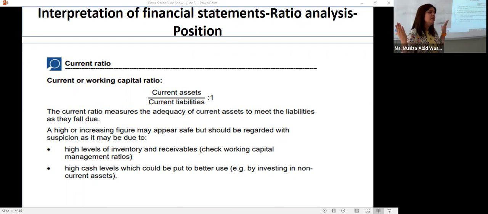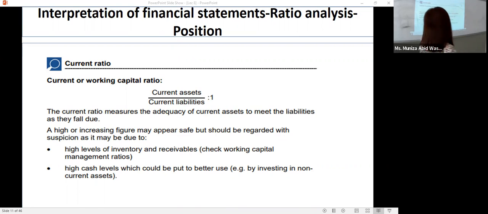If the receivables are more, what does that mean? It means that the organization is not able to collect them in a timely period. So having more current assets is favorable, but having a lot of current assets is not a good thing, because it can suggest that the organizational management is poor in certain circumstances.